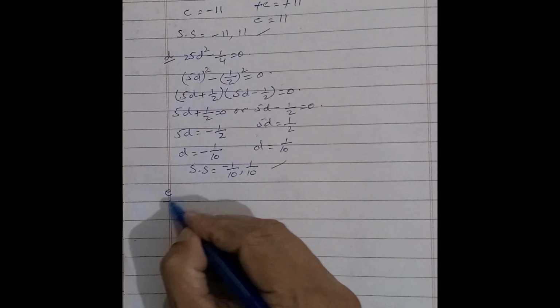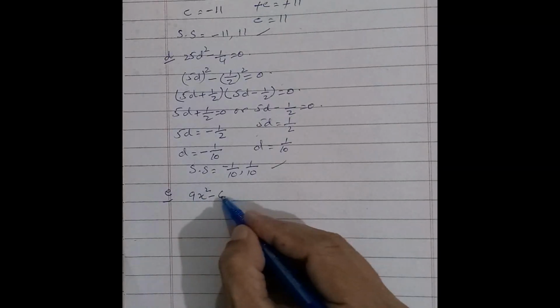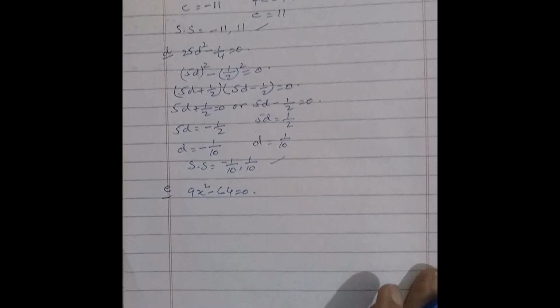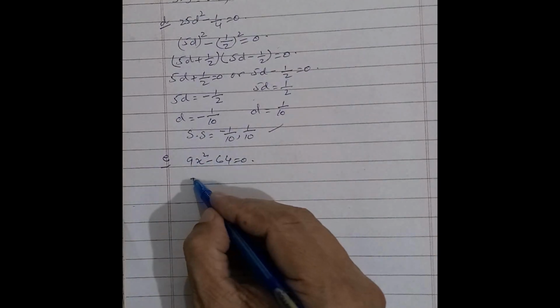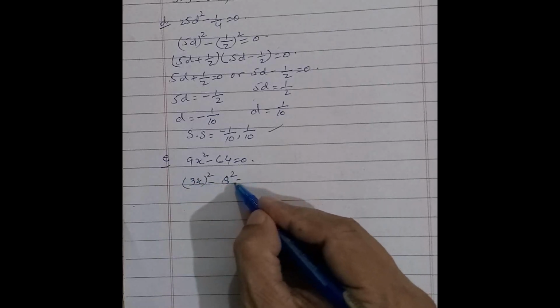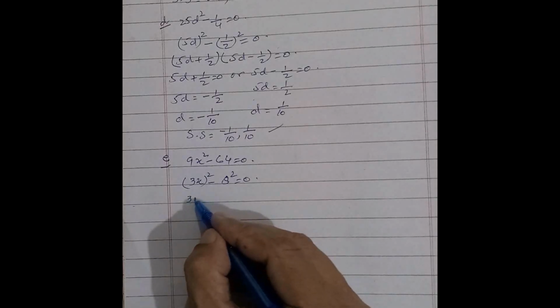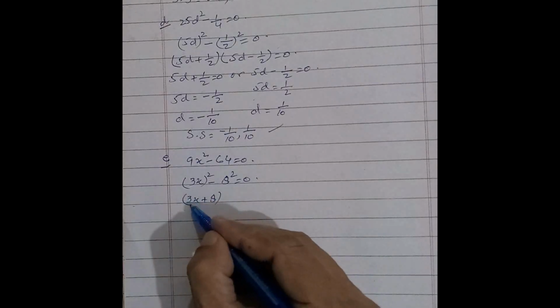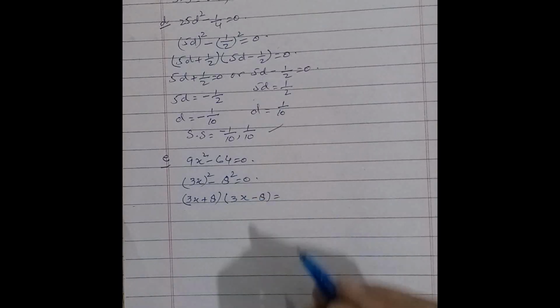Next, E part is 9x square minus 64 is equal to 0. Convert them into squares. It is 3x whole square minus 8 whole square is equal to 0. Apply the formula: 3x plus 8 into 3x minus 8 is equal to 0.